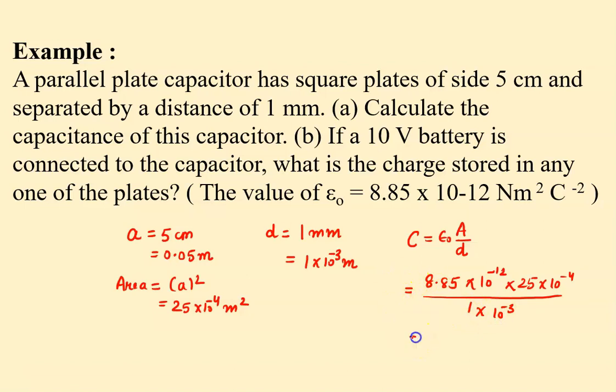By solving this, you will find that the capacitance is 22.12 into 10 raised to power minus 12 farad. And 10 raised to power minus 12 is also called picofarad, so you can write it as 22.12 picofarad. So this is for the first part.